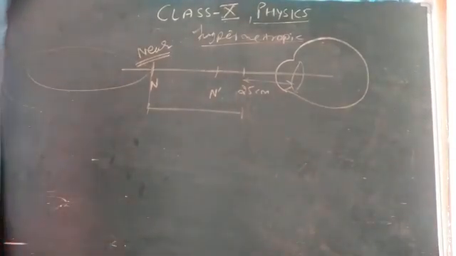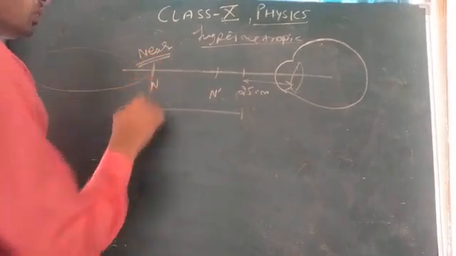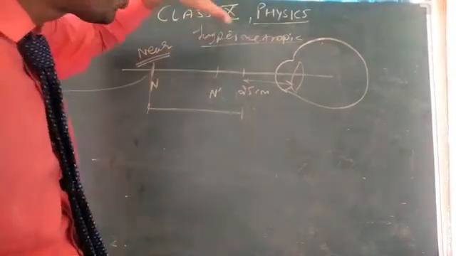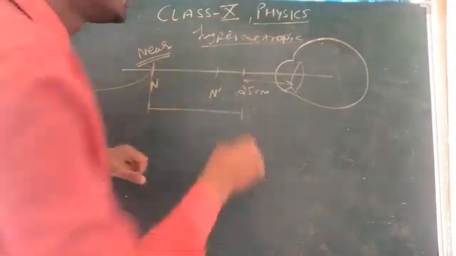Okay, so as you know, the near point for a normal eye is 25.